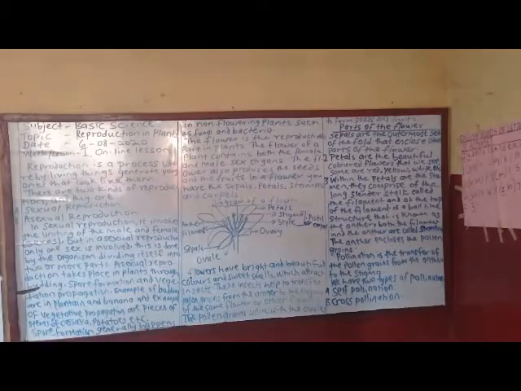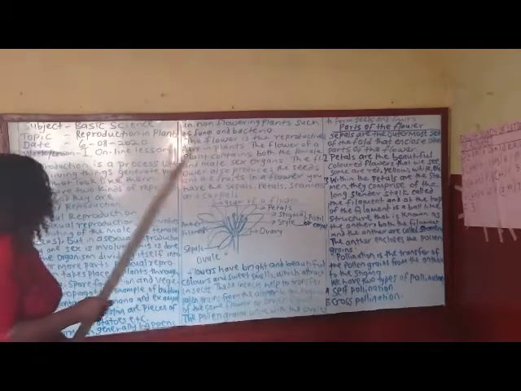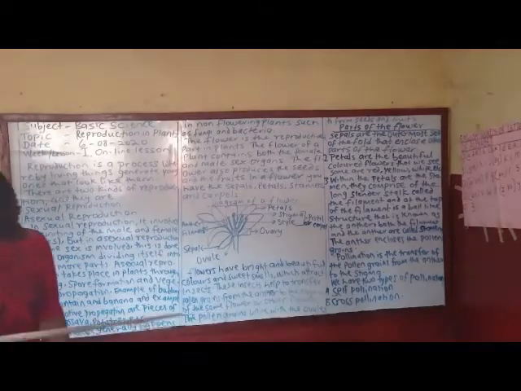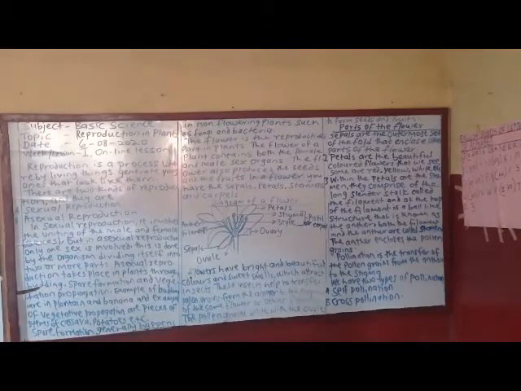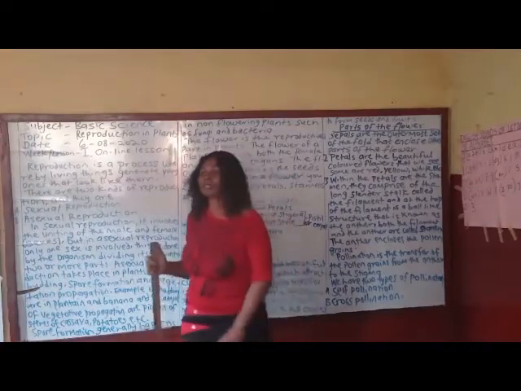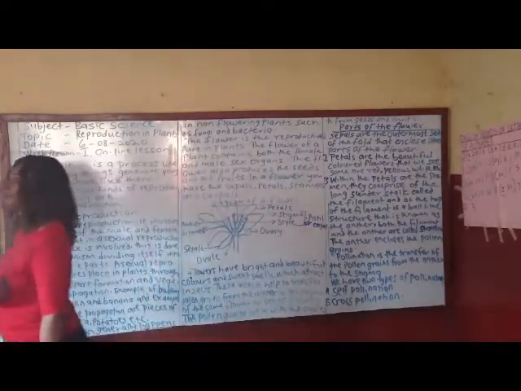Then we have, because there was no space, but I'll still mention it, the benefits of flowers. One of them is that flowers are used to decorate our homes. When you plant flowers around your home, you can make your house or your surroundings look very beautiful.